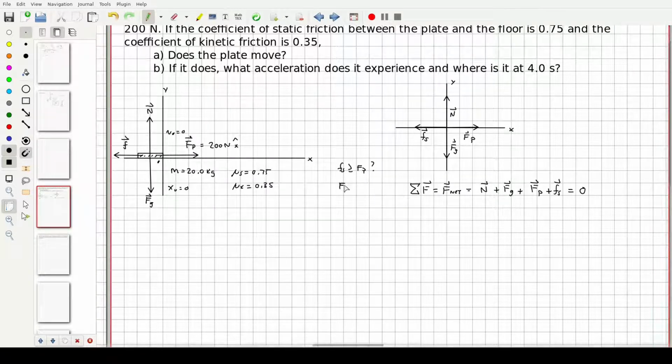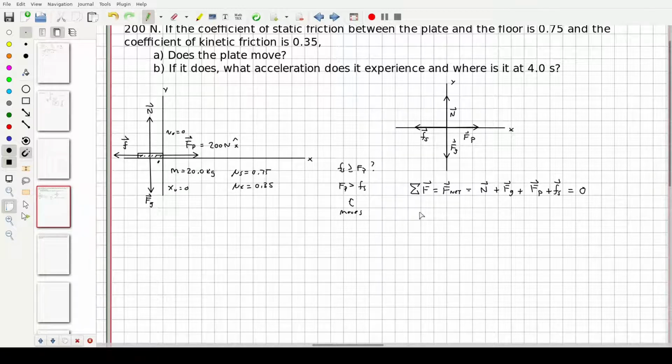Or is the push greater than the static frictional force? If this is the case right here, then it's going to move. That means I'm pushing harder than static friction can give me, and then I can move on to part B. So this is really the question that we need to address here.